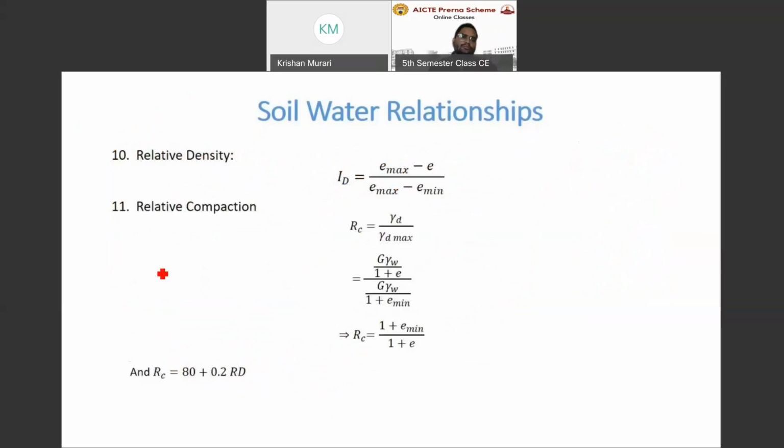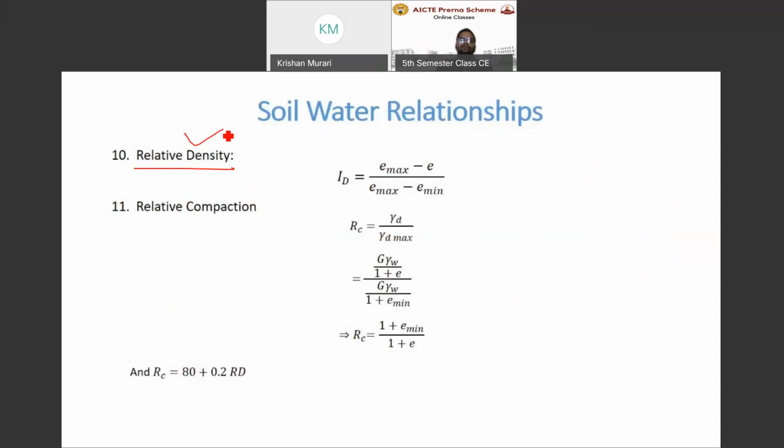Now some other important properties are also there, like relative density. If a soil is in its present or in-situ condition, whenever we compress or compact the soil, then the void ratio will be minimum. If I compact that soil, then air voids are reduced.